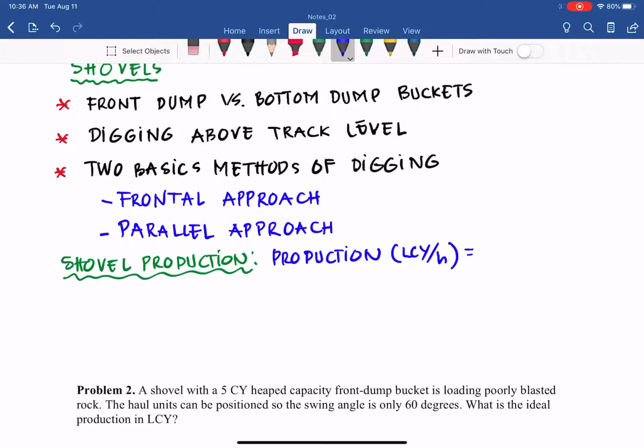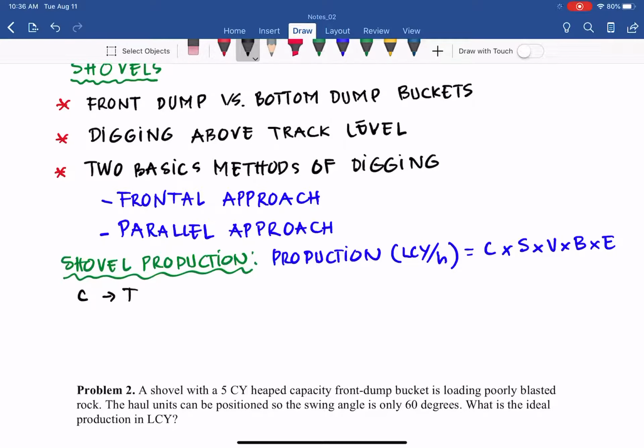It equals C, cycles per hour, times S, swing factor, times V, bucket volume, times B, bucket fill factor, times E, efficiency. And for C, you can go to table 3.6. C means the cycles per hour, the same definition that we have here.